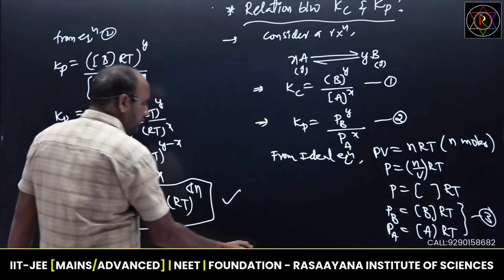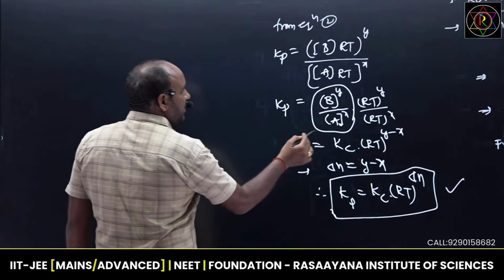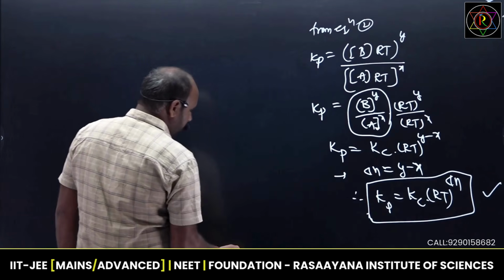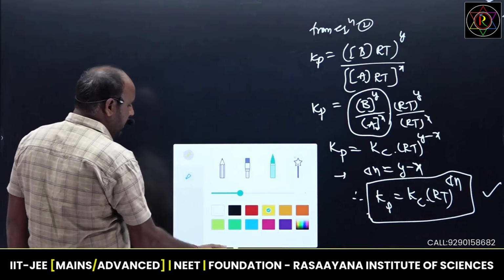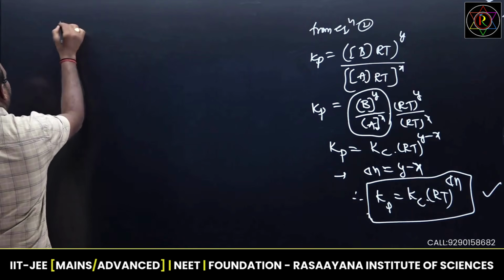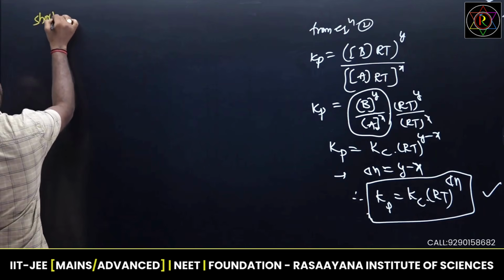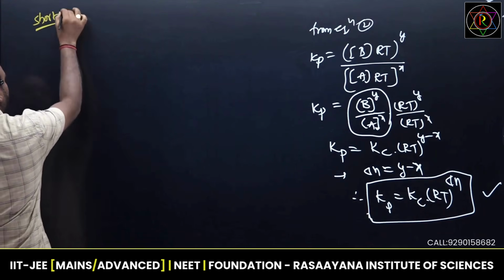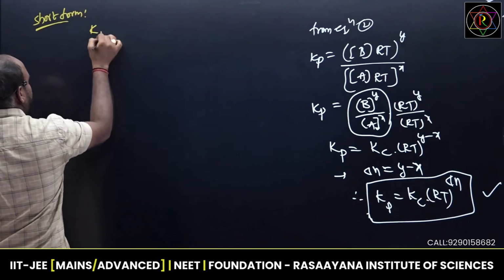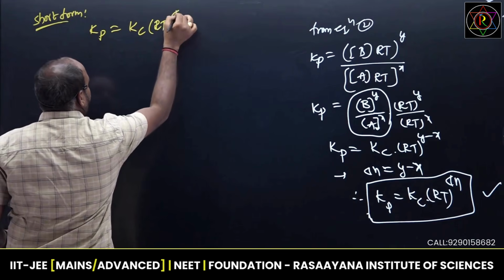So with the help of this relation, for many reactions the Kc value will be more or the Kp value will be more, depending on the delta n value. In short form we remember the relation directly: Kp is equal to Kc into RT power delta n.